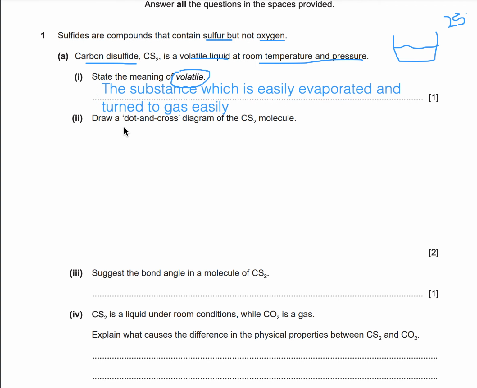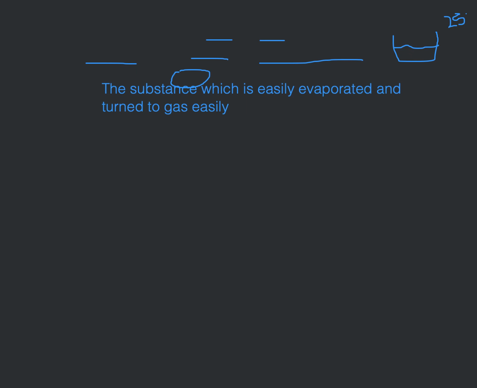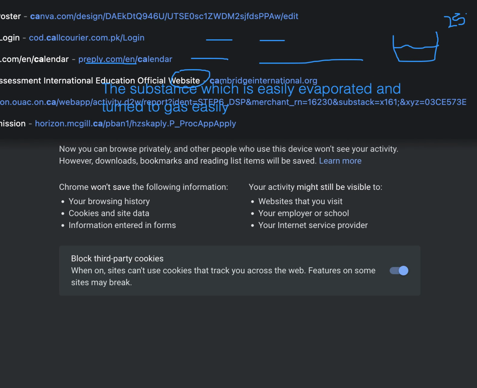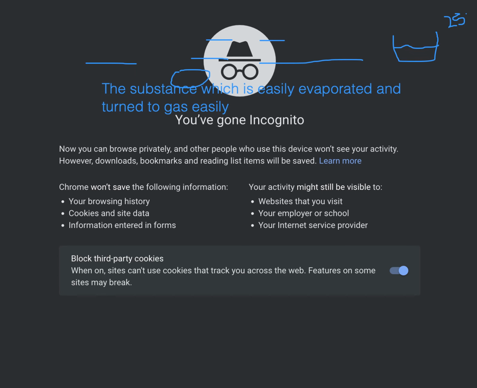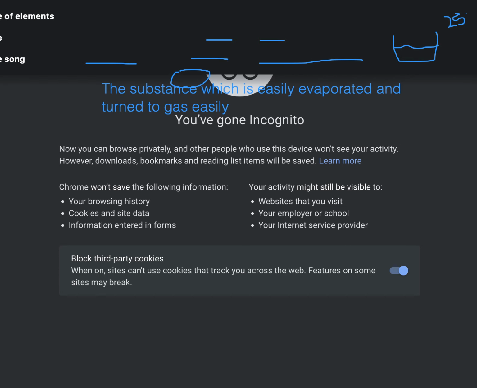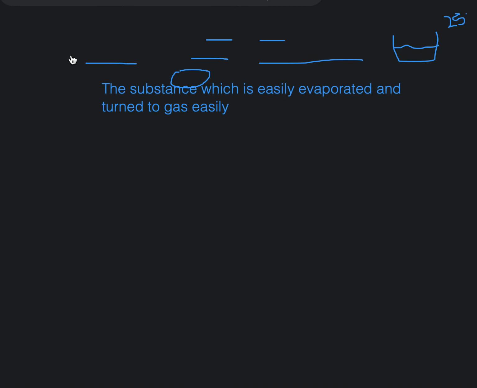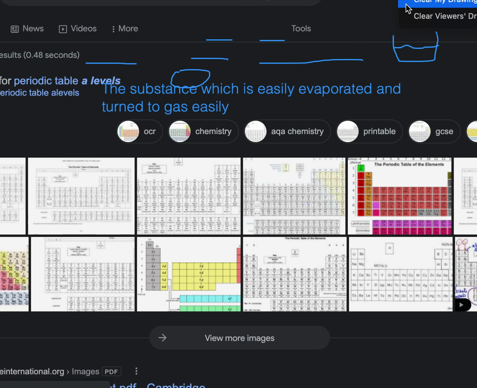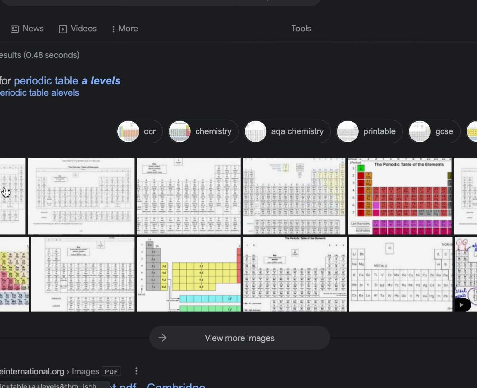Okay, now for draw a dot and cross diagram of this CS2 molecule. Okay, let's open the periodic table.